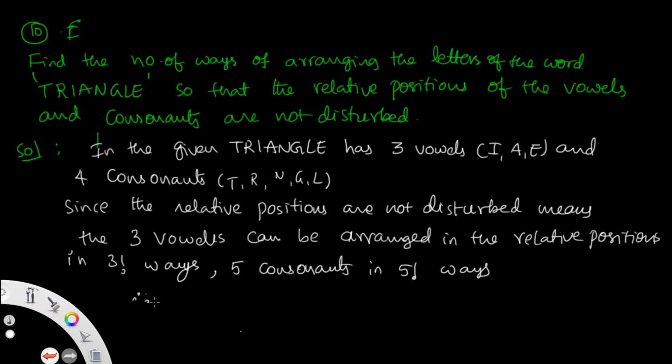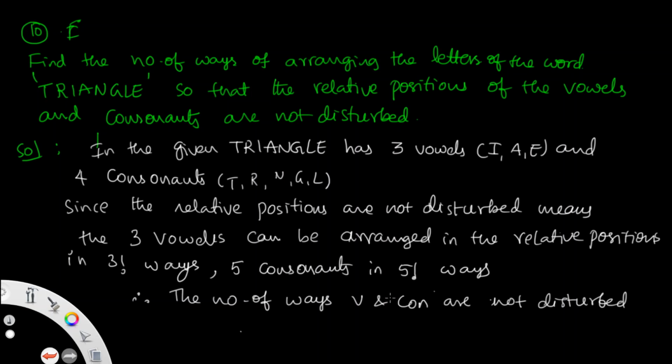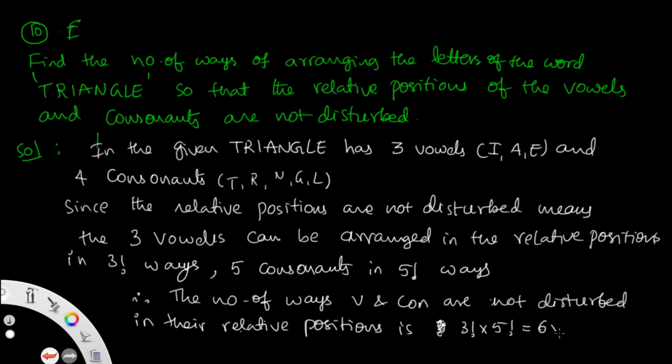Therefore, the number of ways in which the vowels and consonants are not disturbed in their relative positions is 3 factorial into 5 factorial, that is 6 into 120, which is equal to 720 ways.